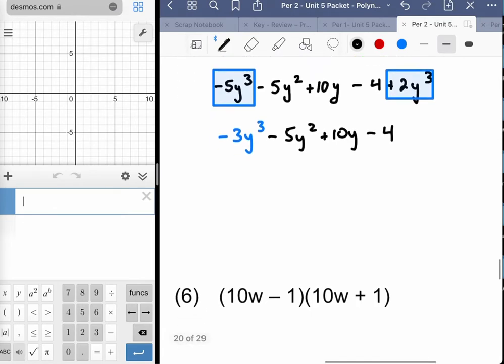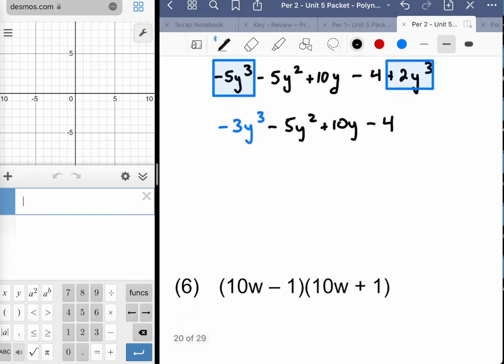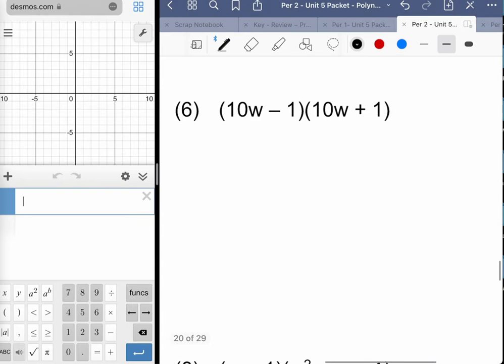Right? So when I'm looking at number 6, I would start off with that negative 10w, this one right here, and I'd say, all right, I have to take that 10w and multiply it by each part of the second binomial, which means it has to get multiplied by this 10w and by this 1. Now again, there's an understood power of 1 associated with the w.